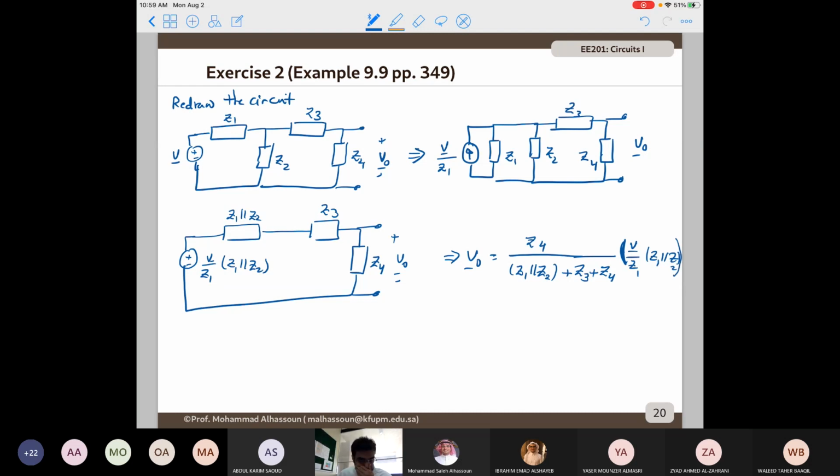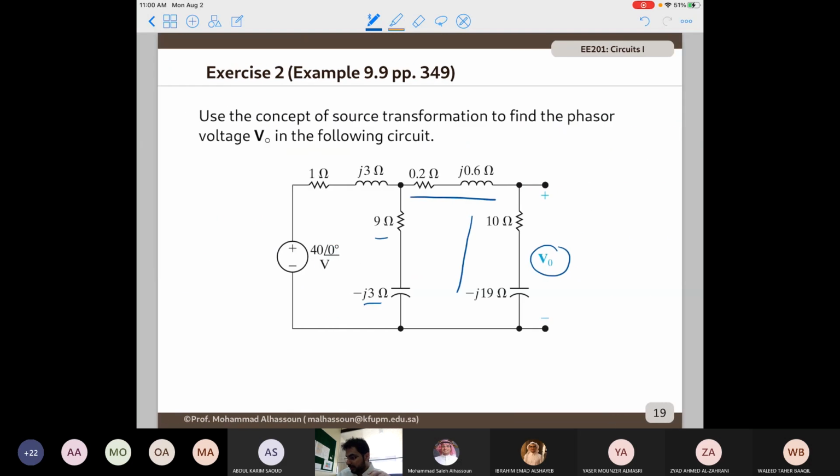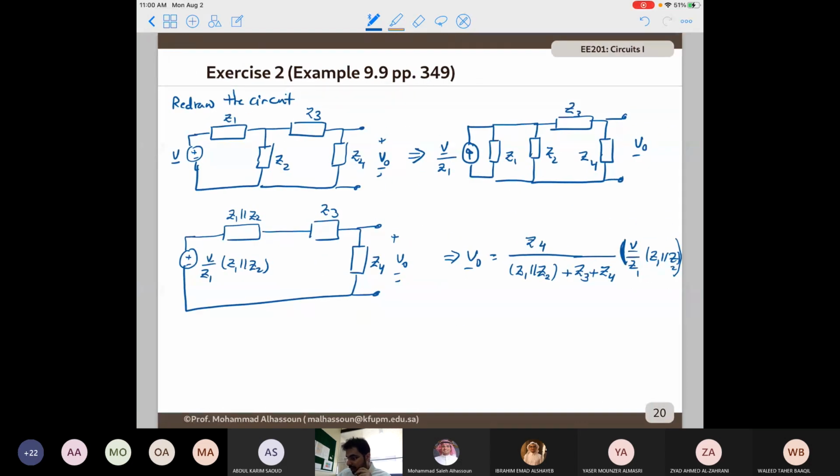Okay. So you're given everything in terms of impedance. You manipulate the complex numbers in this equation, and then finally substitute. So this is the first approach.